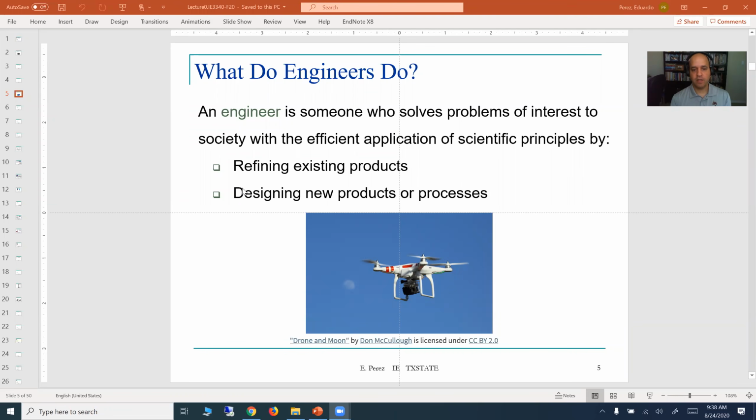It is new technology, and we are developing new uses and how this technology can be used to solve other problems. There are companies such as Amazon that are thinking about maybe using them to deliver products, and so on. So that's the idea. We have existing problems that we have existing solutions for, but maybe we can refine, get better, more creative, and define new solutions for these problems.